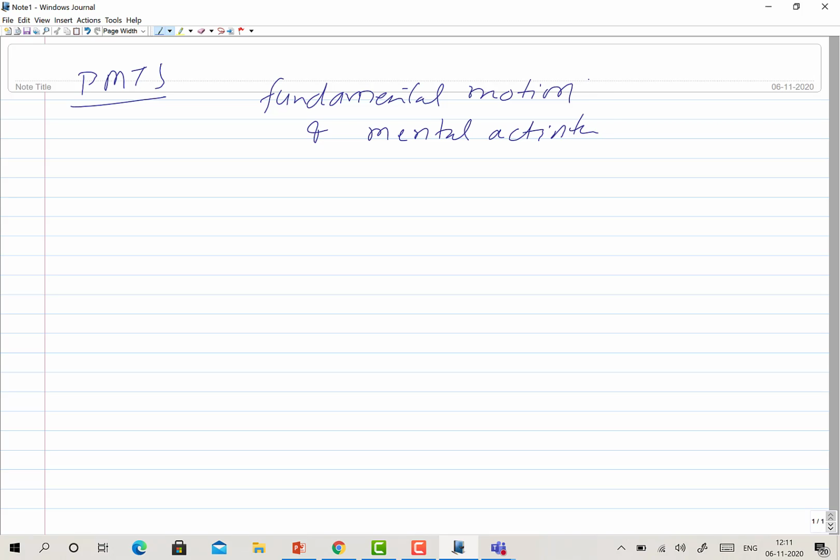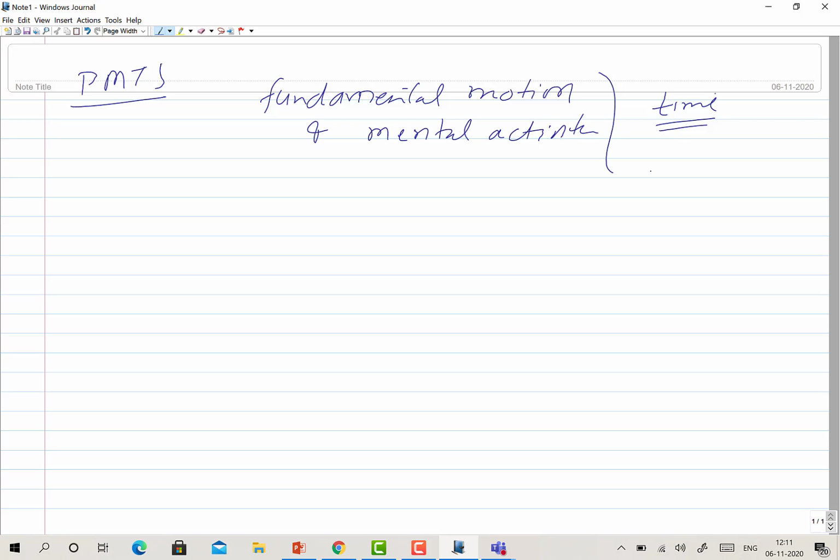So whatever motions and mental activities need to be used while doing a particular job, the time values for those activities and motions are identified, which have been developed over a period of time.